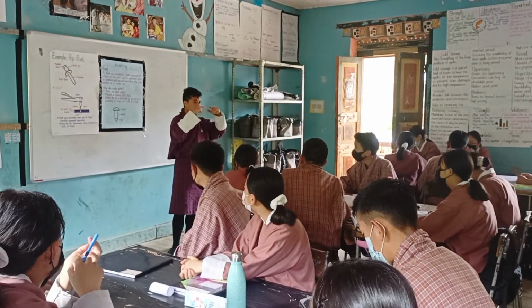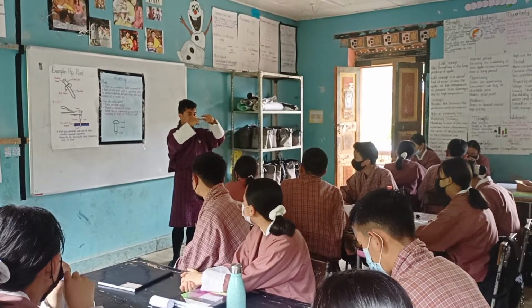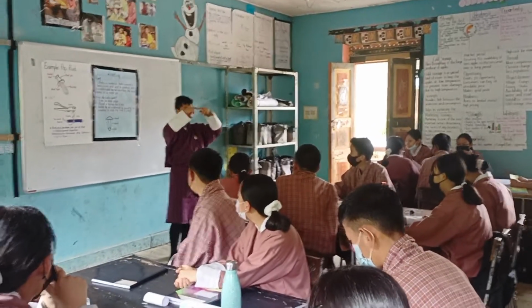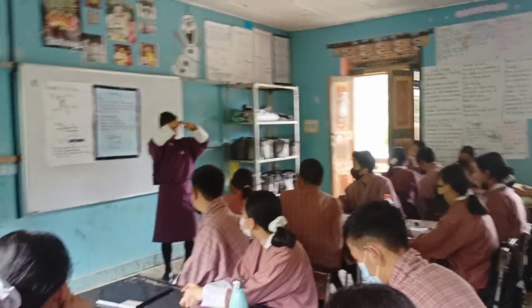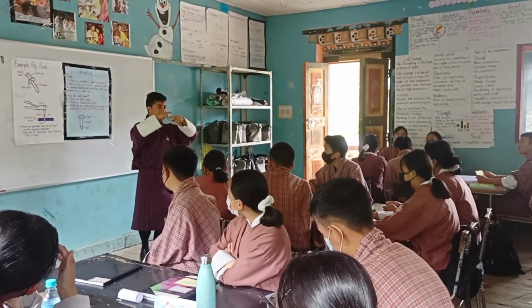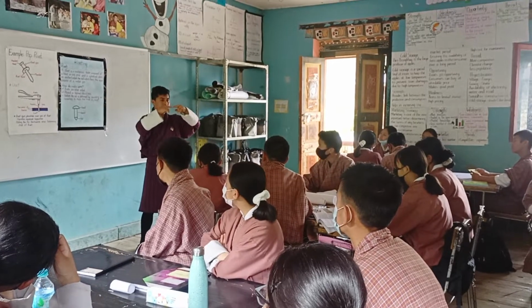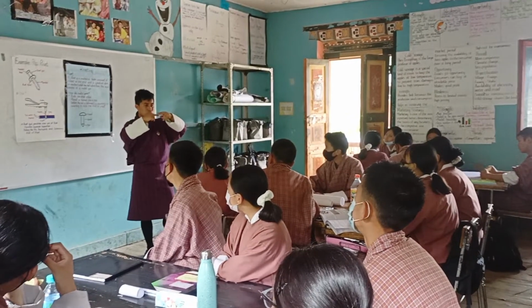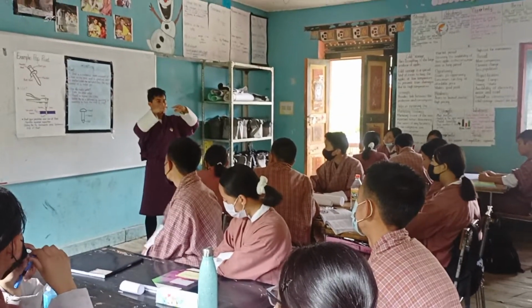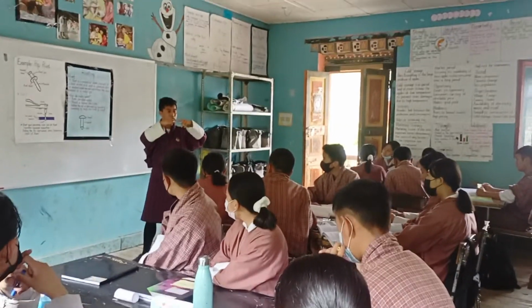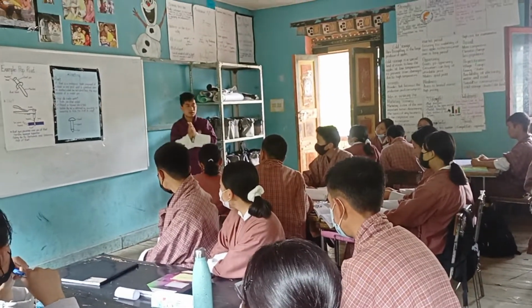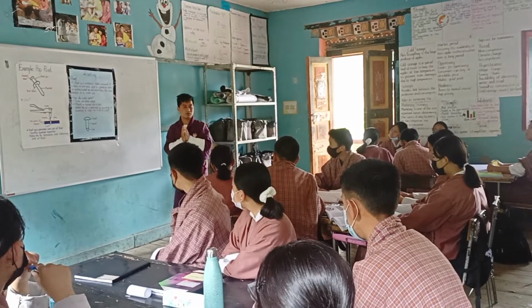If there were no gap, the tracks would overlap each other, and that would destroy or deform the railway track. So to overcome this overlapping, they have kept a gap between the rails. Is it okay? So this is the end of our last topic, thermal expansion.